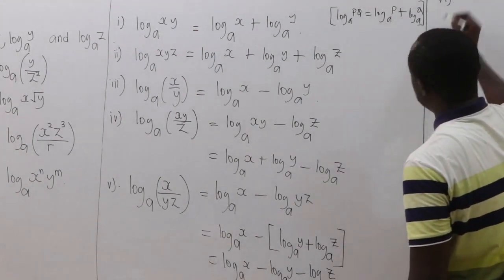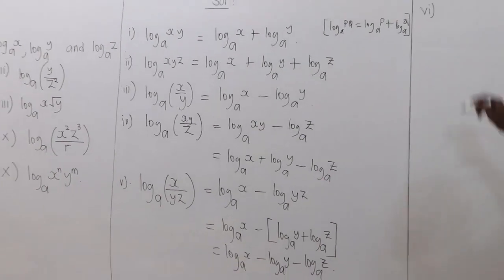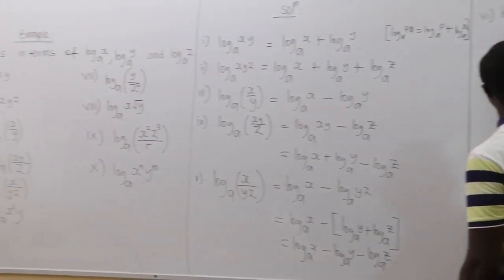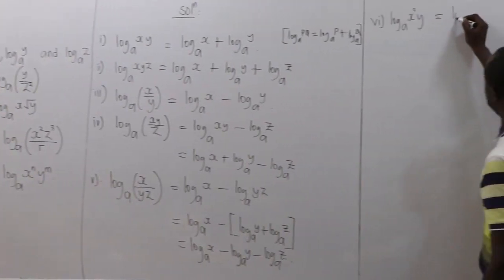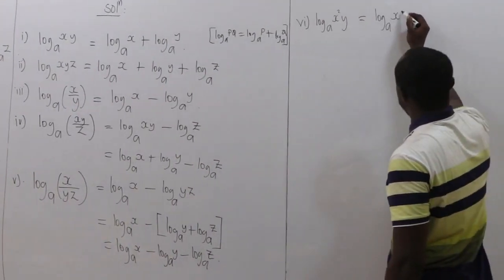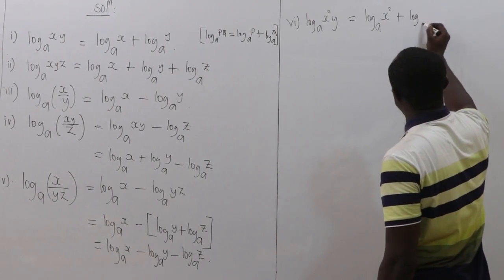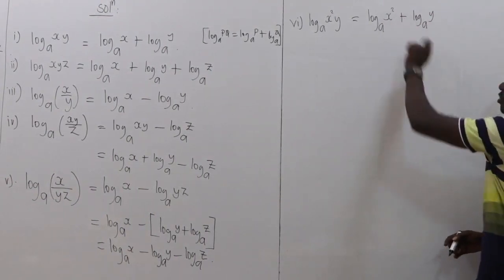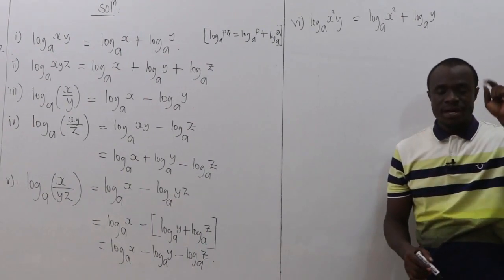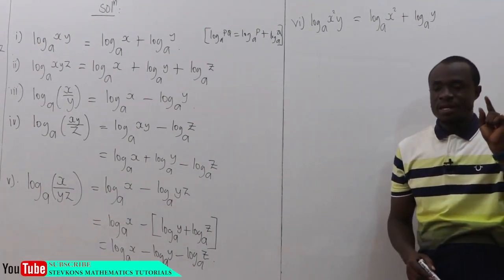Now let's see the sixth question. We have log a of x squared y, and this is multiplying. So this is the same as log a of x squared plus log a of y. Now x squared: we know if you have log a of p to the n, this is the same as n log a of p.